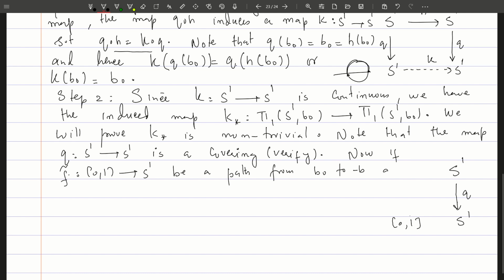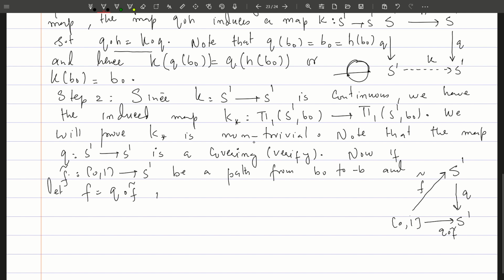And let f be the composition of q and f tilde. So this is a map from the interval 0 1 to S1, the map q composite f tilde. So then this f is a loop.